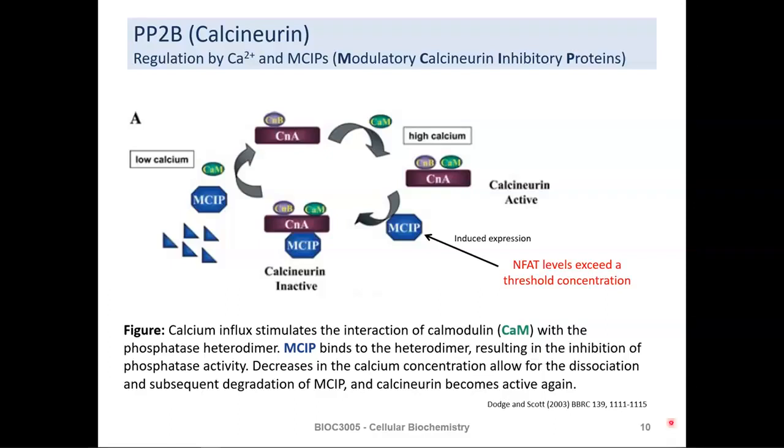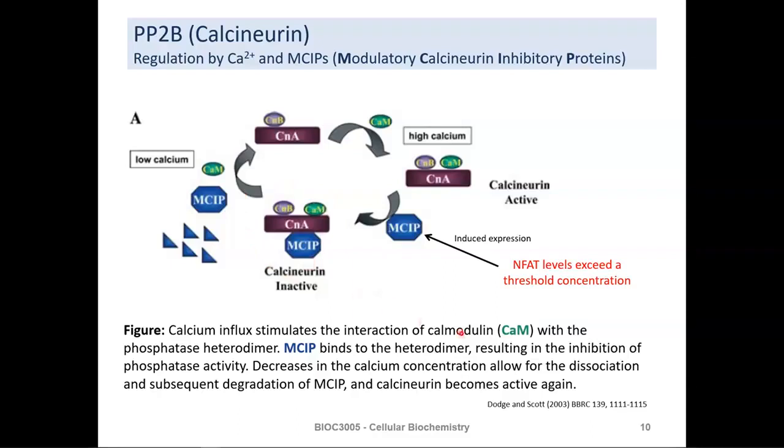In the presence of high calcium concentrations, we see that the calmodulin or CAM combines with the phosphatase heterodimer, and so the PP2B is active. The MCIP can then bind to the CNA subunit as part of deactivating the phosphatase.